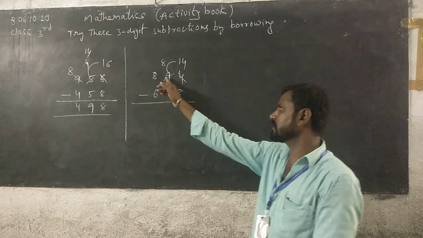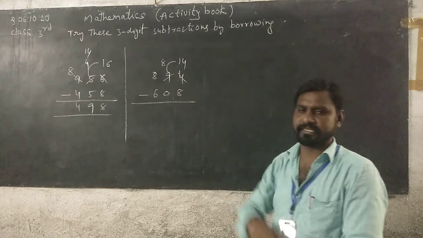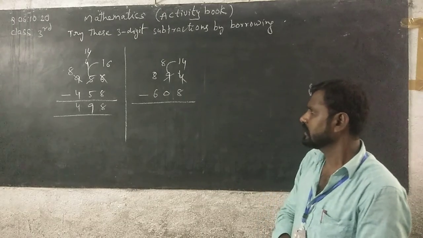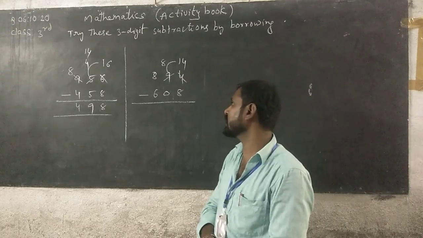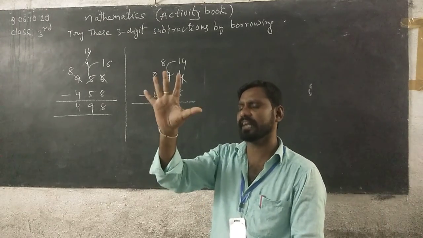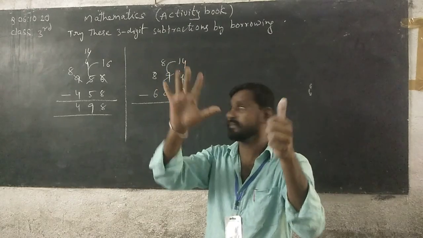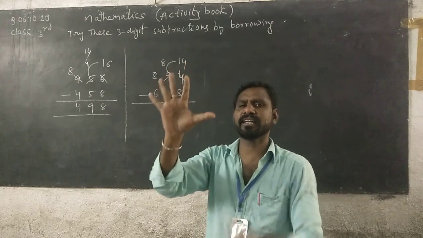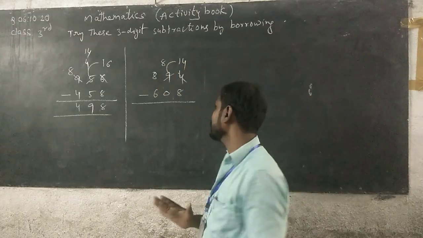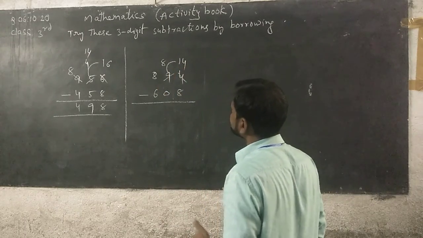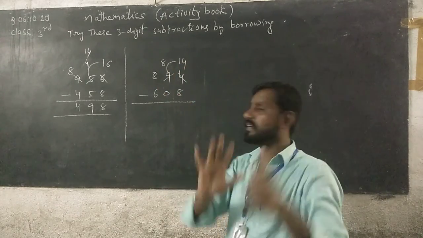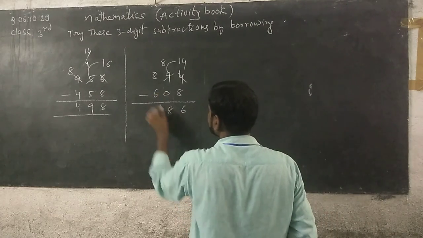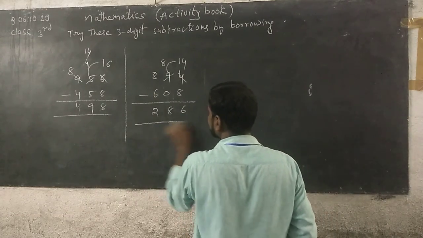Because 9 is giving borrow to 4, it can lose one, here 8. 14 minus 8. You can count 8, after, up to 14: 8 after 9, 10, 11, 12, 13, 14. Once again, 8 after 9, 10, 11, 12, 13, 14. So, 5 fingers plus 1 finger, 6. Next, 8 minus 0, 8.